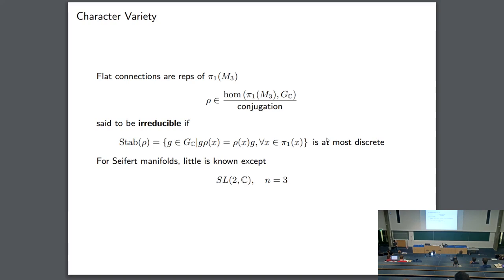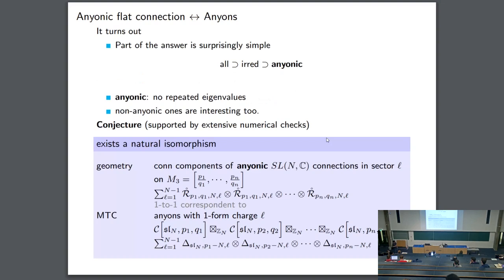Actually, it's only known when n is 3, or when I have 3 fibers, and the group is SL(2,C). Beyond that, very little is known. That's why most of the effort of this project was spent on trying to understand the flat connections on this space.